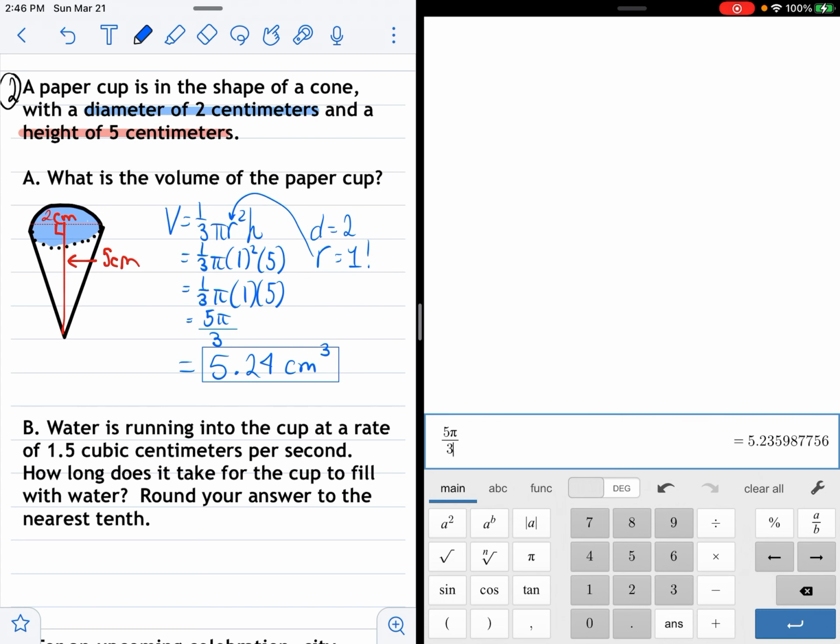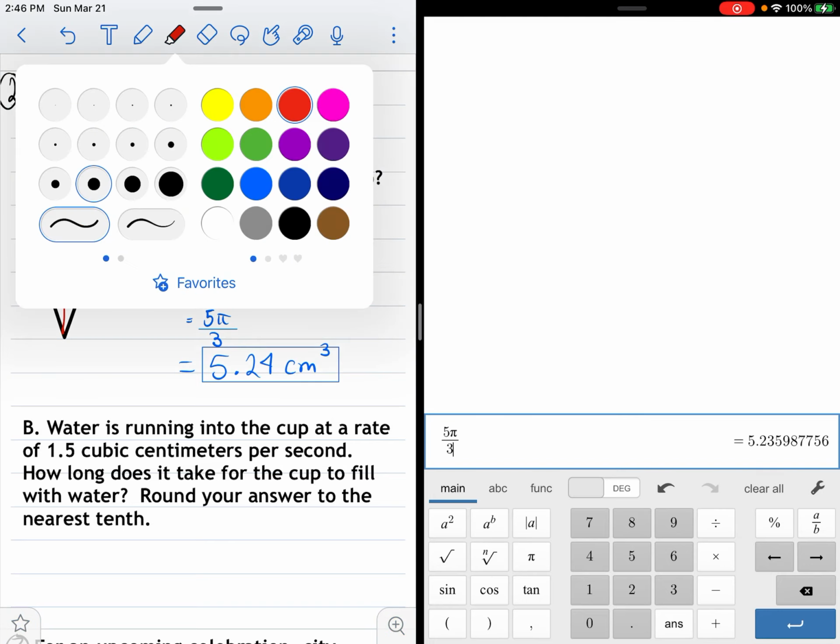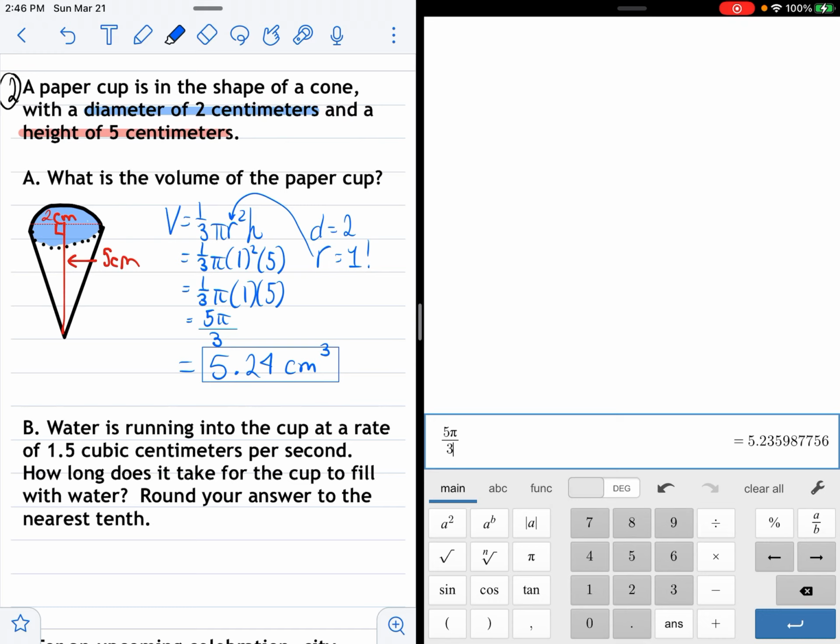Okay. Now, read problem B here for just a second, and I'll pause and let you read that. Okay, so on problem B, we are filling up a cup at a rate of 1.5 cubic centimeters per second. Now, since I know the volume of the cup, I need to know how long it will take to fill the cup up completely.